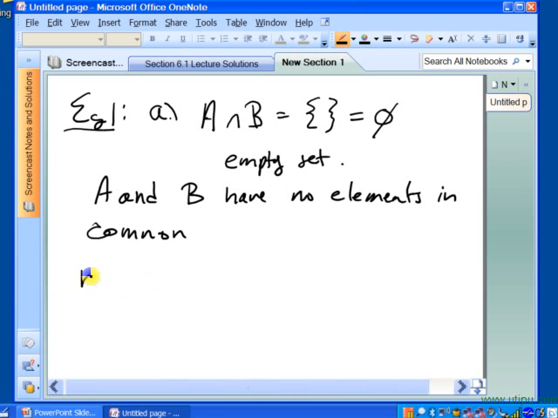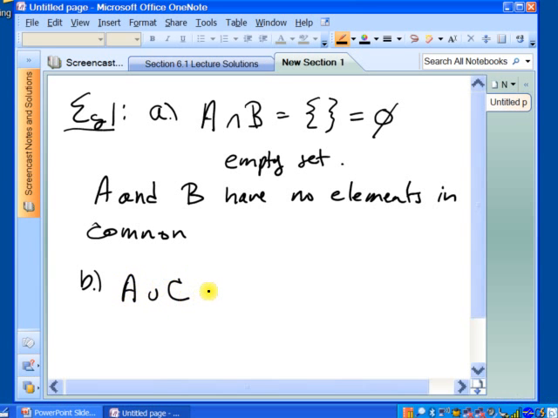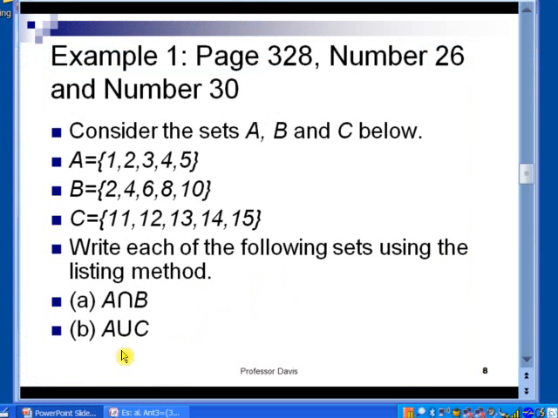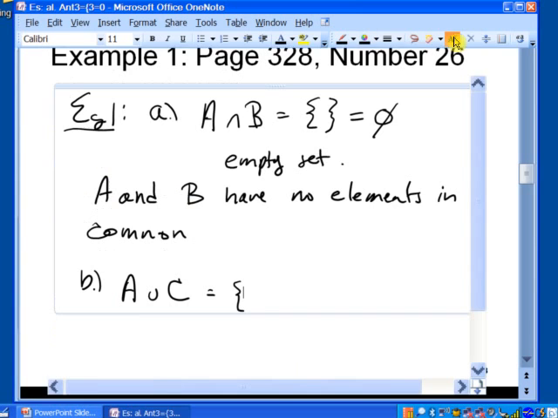Now, let's go ahead and look at the union of the two sets now in part B. For the union, we want all the elements that are either in set A or set C. All right? So think of what that is. Set C has these elements 11, 12, 13, 14, and 15.